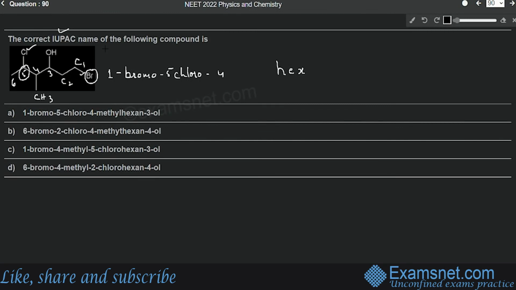So we'll write 4-methyl hexane, and since a hydroxyl group is there at third position, so it is an alcohol, so hexan-3-ol. Okay, so this will be your correct IUPAC name. That means out of the given options, option A will be the correct answer. Got it?